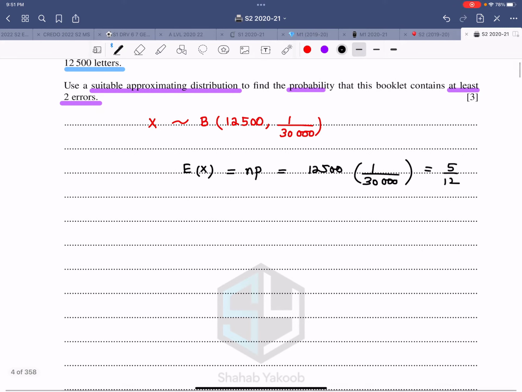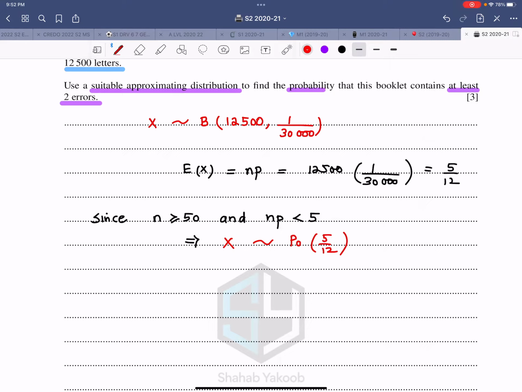Now you would justify this approximation. You would say since n is greater than or equal to 50, at the same time, simultaneously, np is lesser than 5. Therefore, x now follows a Poisson distribution with 5 over 12. So that's how you do the conversion.